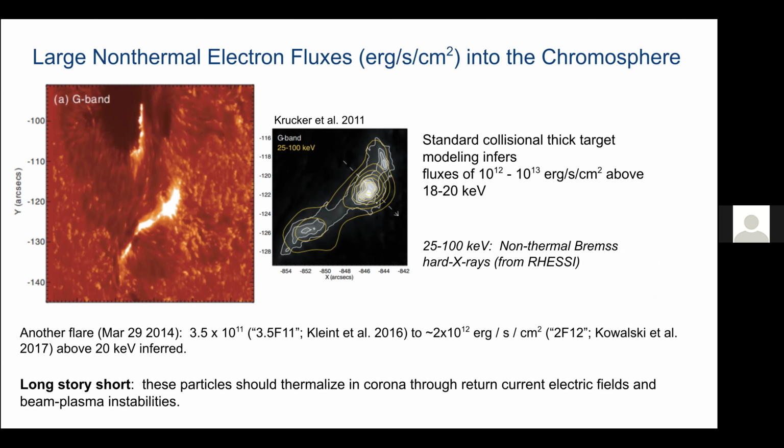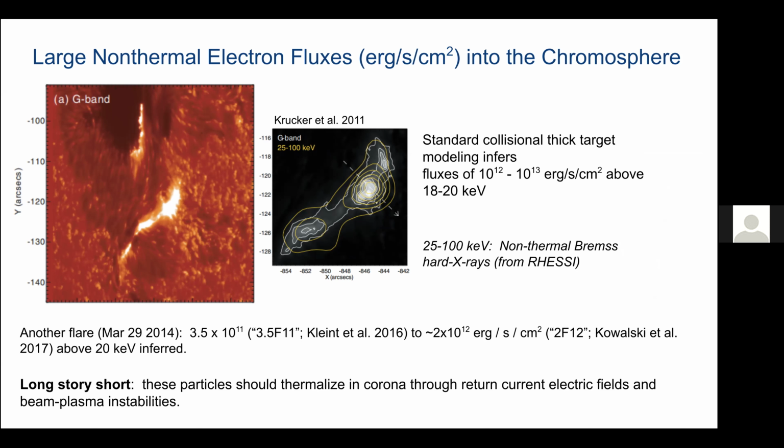This is an enormous flux of energy, way higher than what groups have assumed to be in these electron beams over the past decades. So I've already mentioned this electric field that is produced. If you consider the electric field that's produced by this current density, it's so strong that it will stop the beam itself right away.